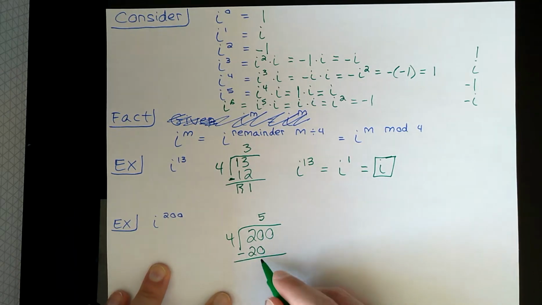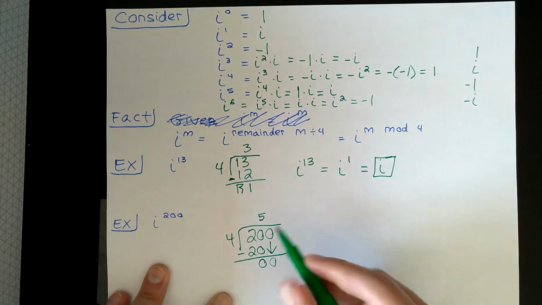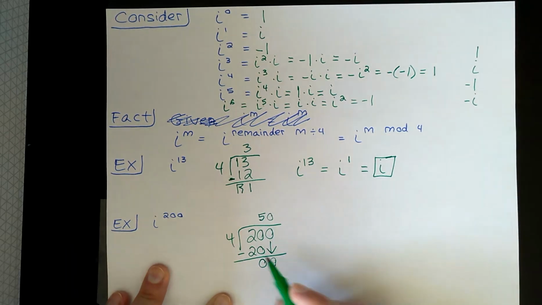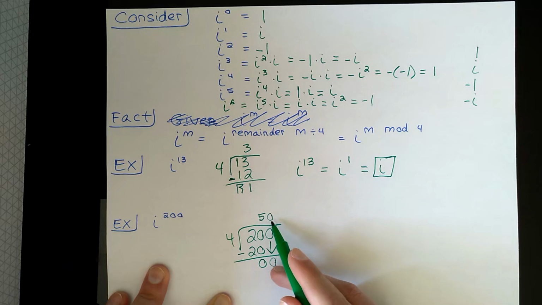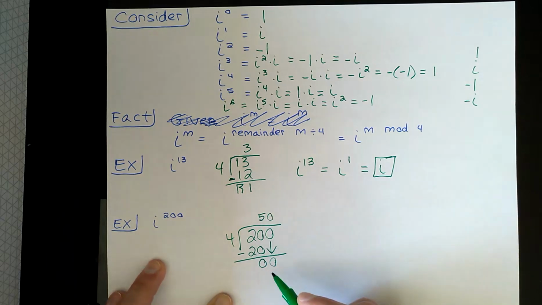We subtract, which leaves us with 0. We get to bring down that 0. 4 does not go into that 0, meaning it goes in 0 times. Whenever you bring down a number, you have to write a number up top. So we don't just leave it at 5, we put a 0 up here.